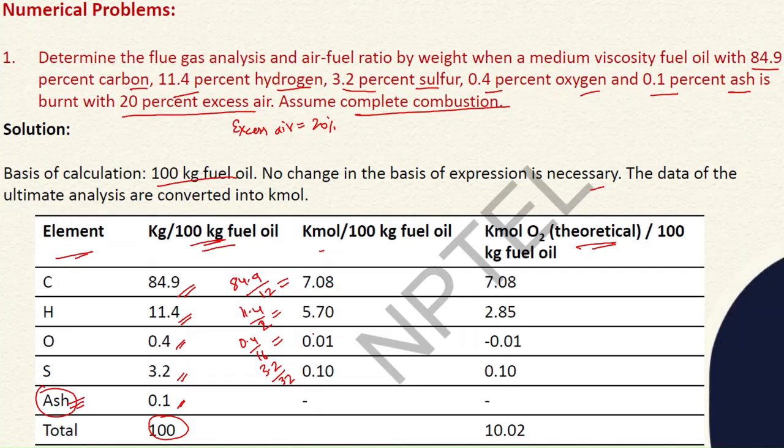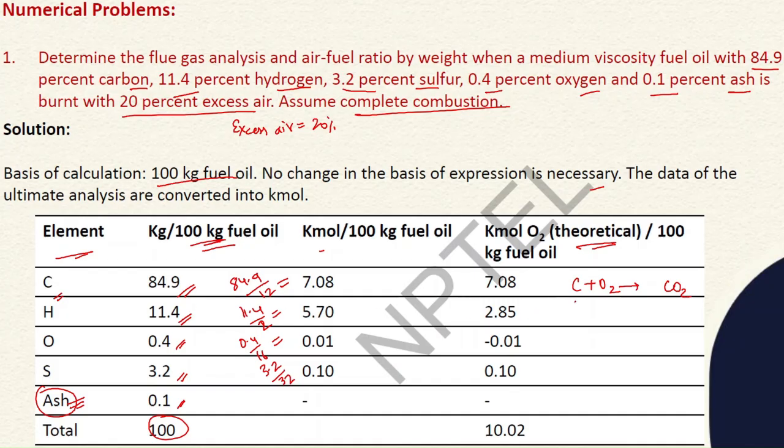Now, the kilomoles of oxygen required. How do we calculate the amount of oxygen required for the combustion of these elements? We need the combustion equations. For complete combustion of carbon, carbon in the presence of oxygen gives carbon dioxide.